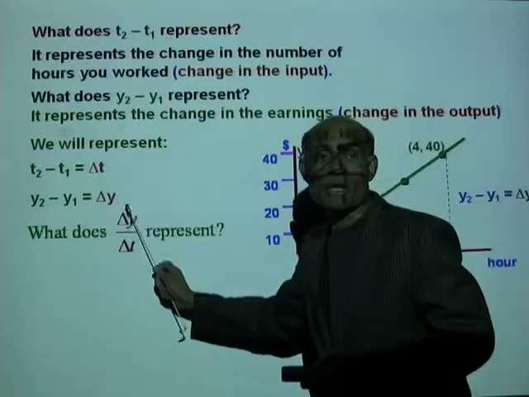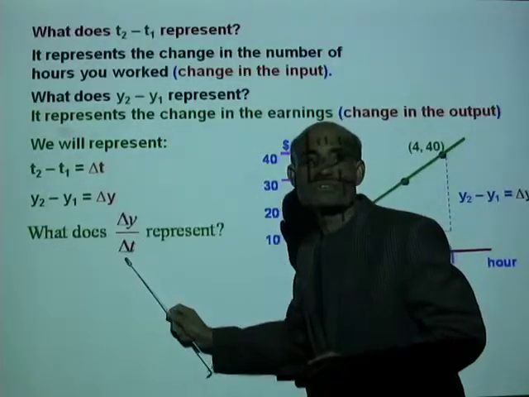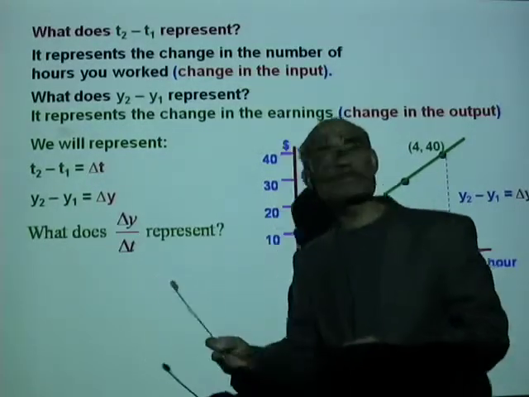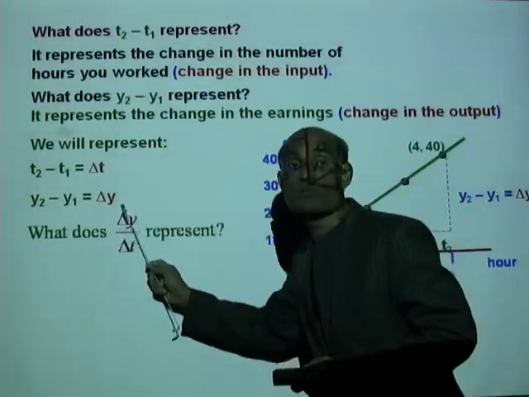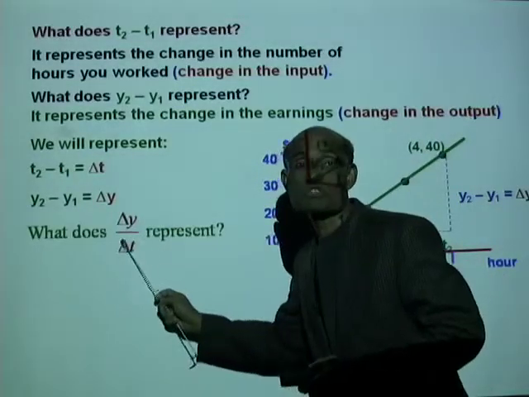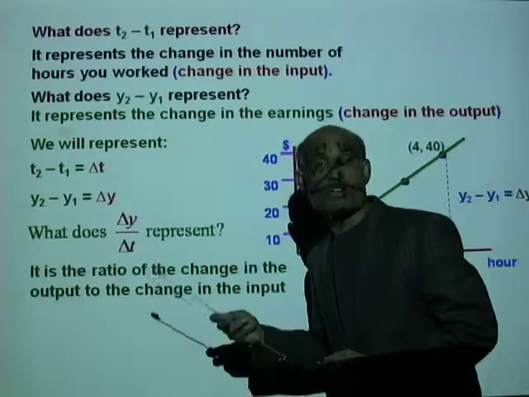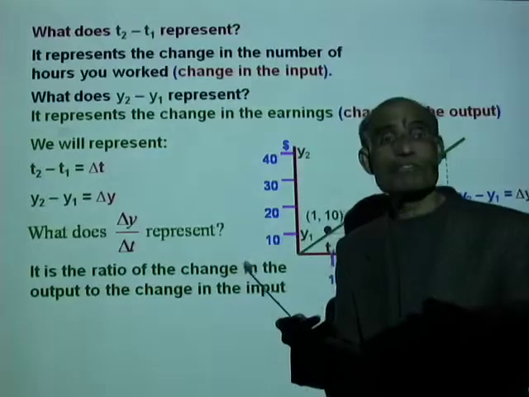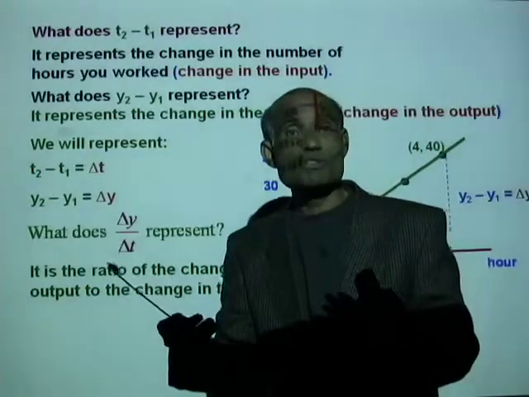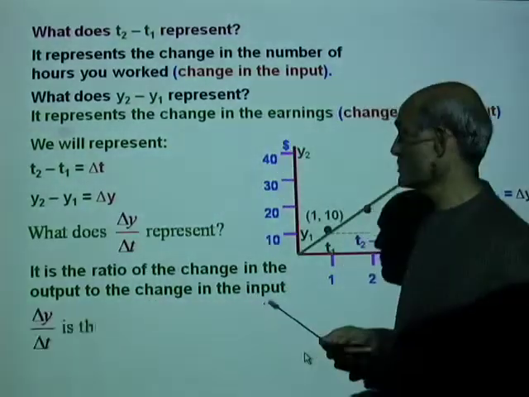Okay, tell me, what does delta y divided by delta t represent? The change in the output divided by the change in the input. What does it represent? So this is a ratio of the change in the output to the change in the input.